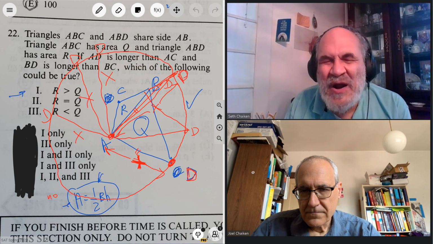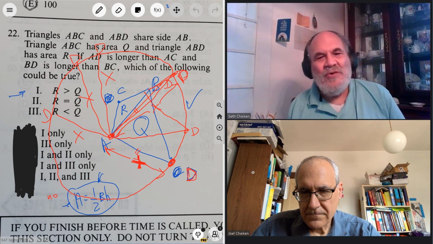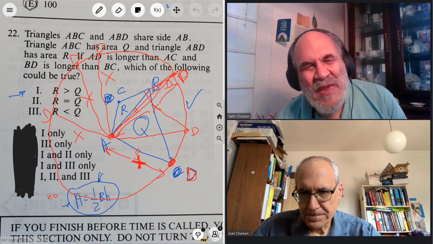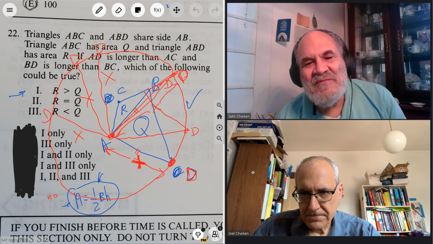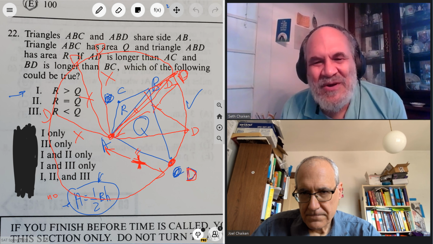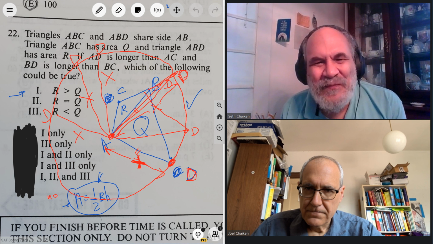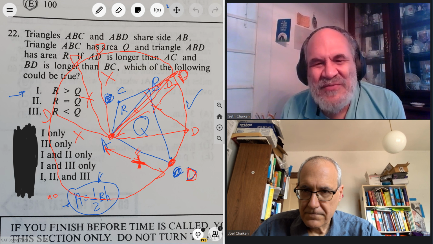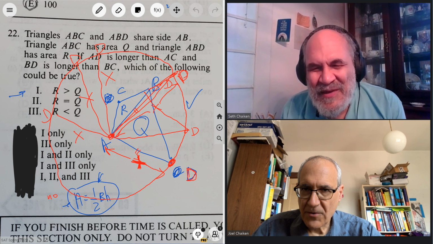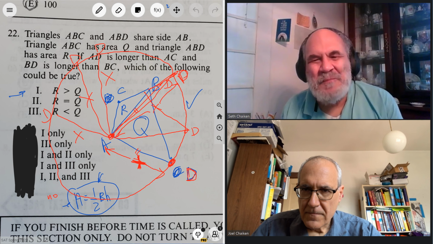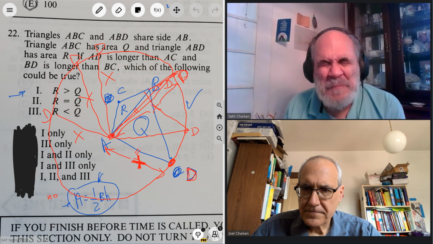You could make the original triangle really small and vary the other triangle to have a very big area, chosen to be bigger than the area of the other triangle. And so all possibilities, including equality, are possible. So the answer is 1, 2, and 3.